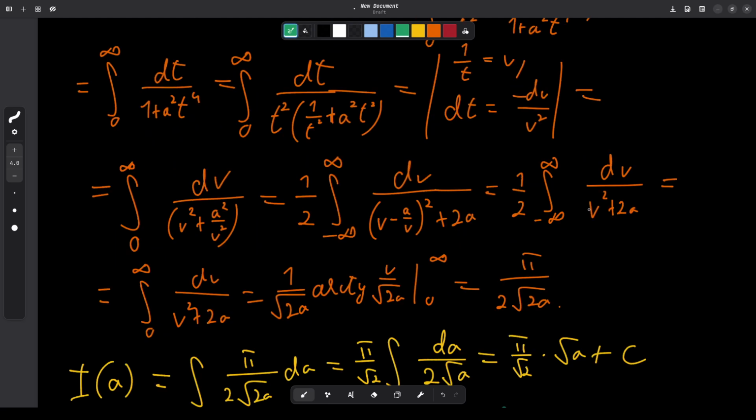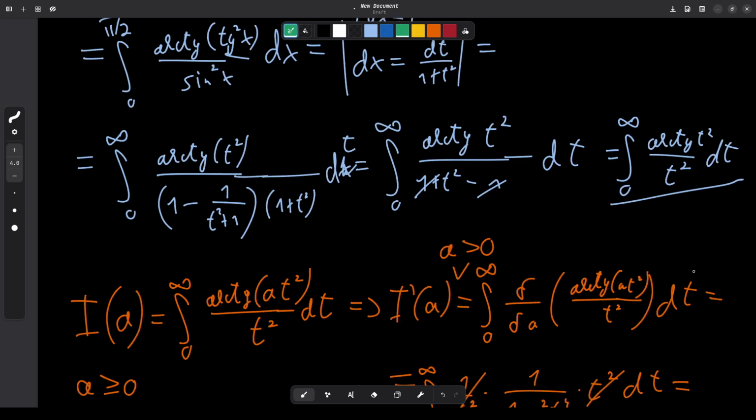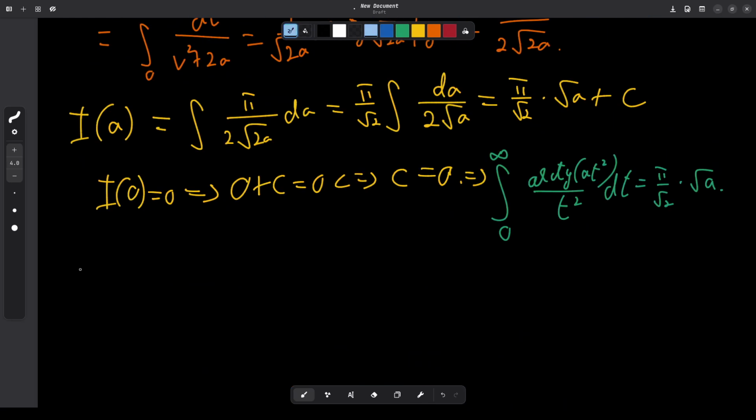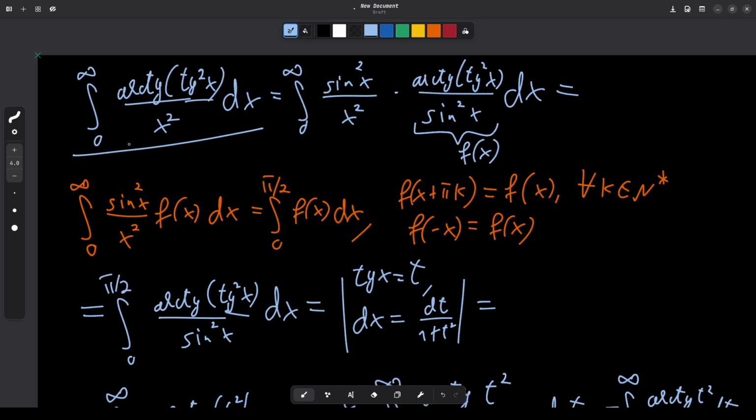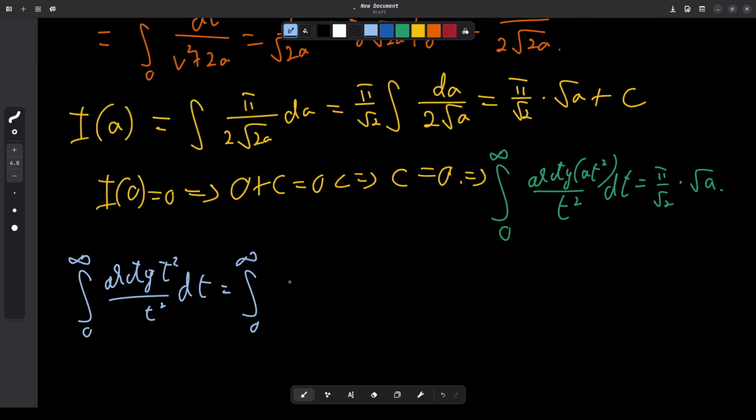Our main goal was to look for I of 1, since in this case we can just consider a equals 1. So what we can conclude is that the integral going from 0 to infinity of the inverse tangent of t squared over t squared dt is the same as the initial integral we had beforehand, the inverse tangent of tangent squared of x over x squared dx, and that is just equal to pi over square root of 2.